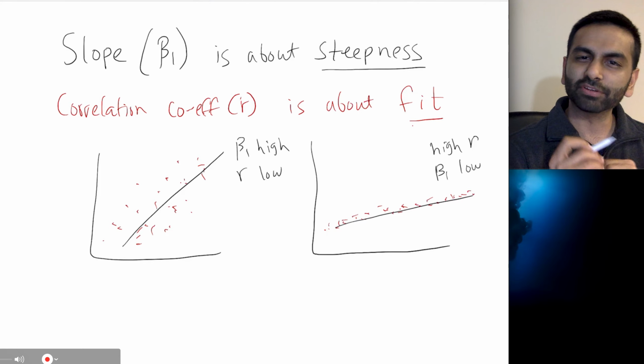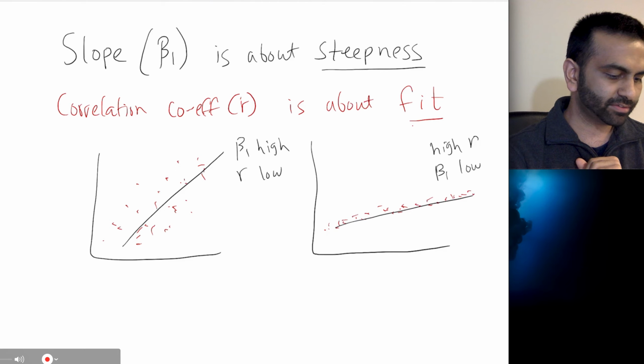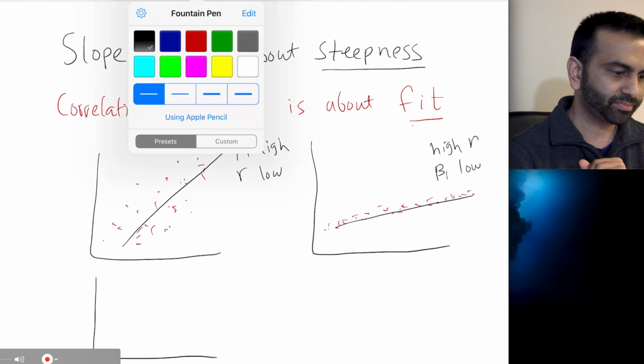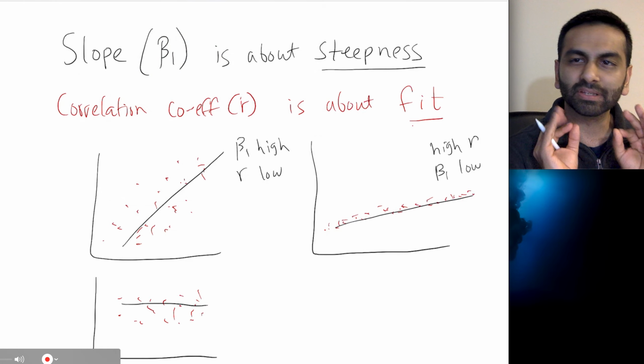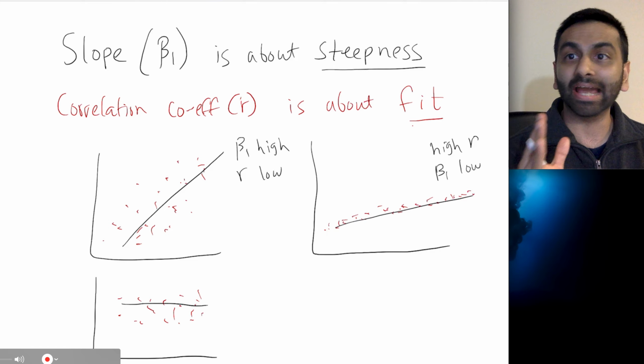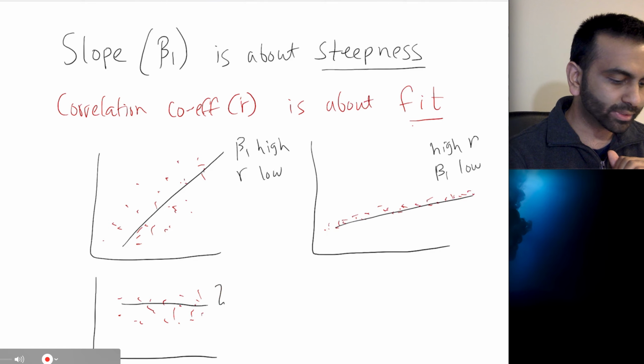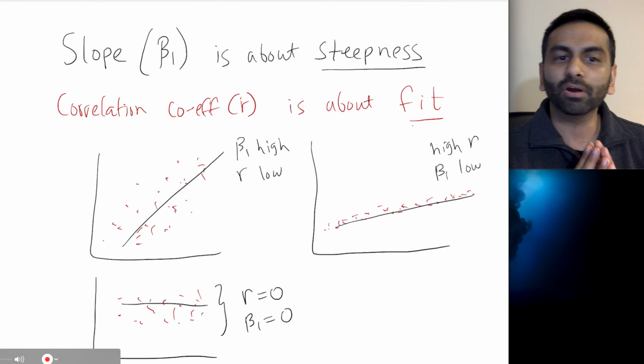In general, if there's no relationship, so if the data points basically look like this, where there's no relationship at all, and the line of best fit is a flat line, then the R is 0 and your slope is 0, right?